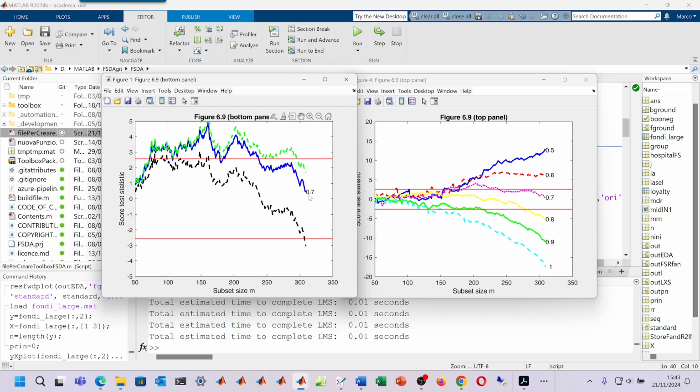If the value of 0.7 is appropriate for both sets of the data, these three tests are very close to each other. So the three trajectories will be pretty much on top of each other, as you can see here at the very beginning. Then they start to depart, and their degree of departure increases as the subset size increases.